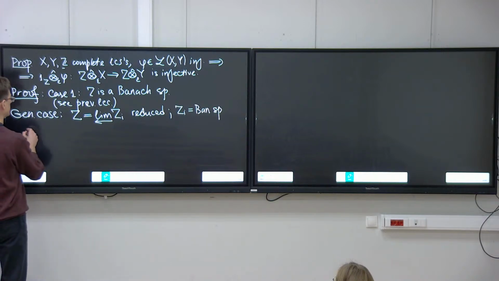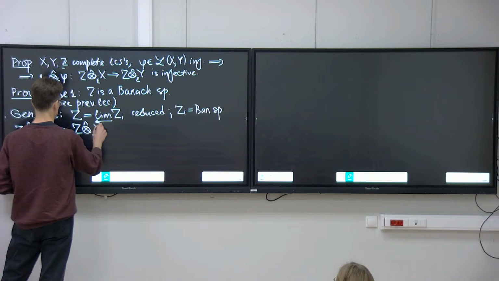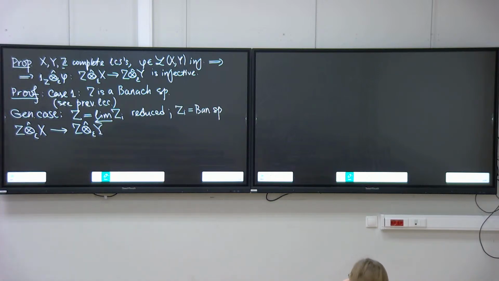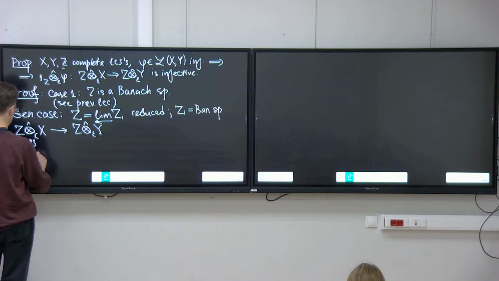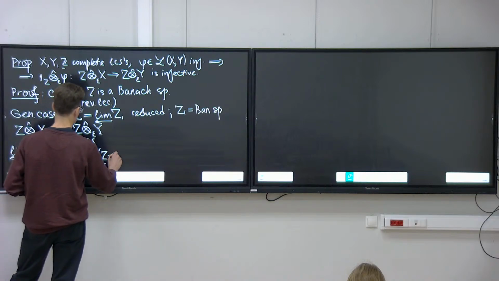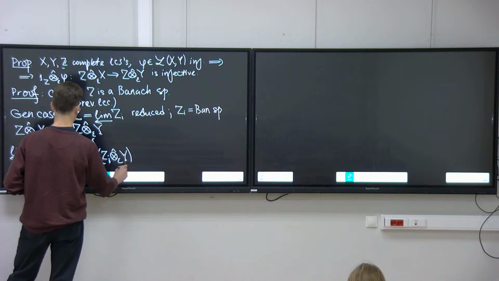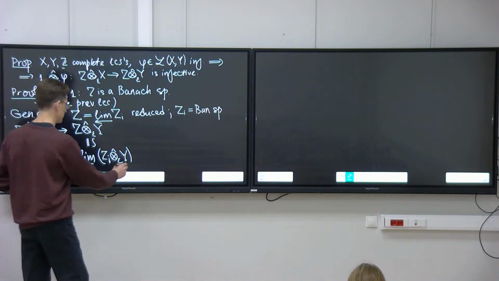And we look at our map, Z tensor X to Z tensor Y. We already know that the complete injective tensor product commutes with projective limits, with reduced projective limits. So this is isomorphic to the projective limit of Z_i tensor X, and this is isomorphic to the projective limit of Z_i tensor Y. And we have a natural map from here to here, which is also easily seen to be injective.